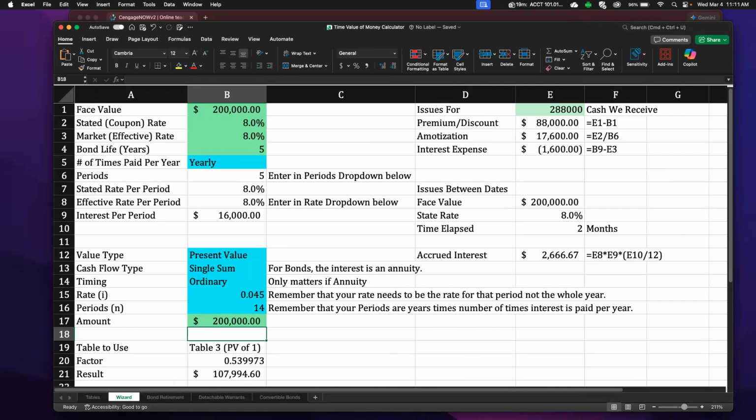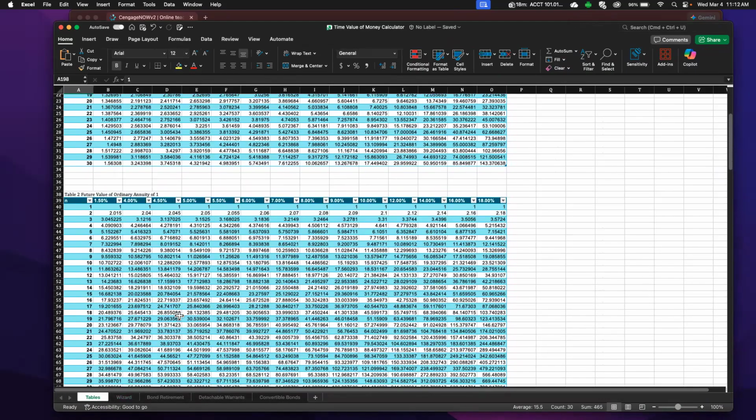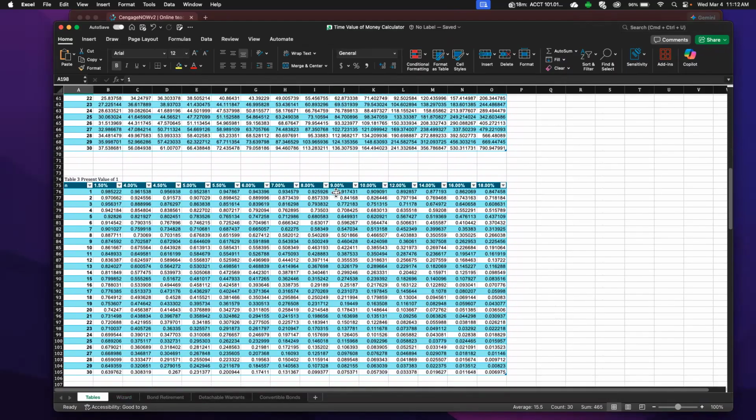So the present value of 1 at 8% for 5 periods. Look at our table. The present value of 1 table is table 3. 8% for 5 periods: 0.680583.